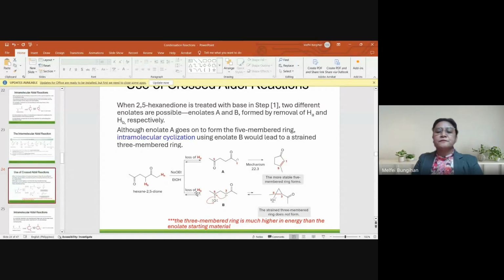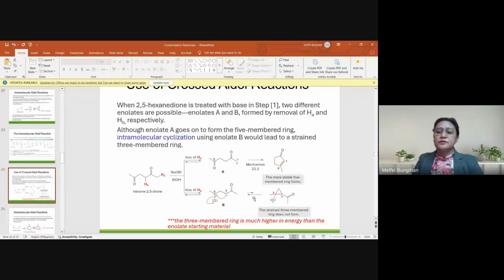If abstraction by the base removes your HB, you will form an enolate B, and that one will attack the carbonyl on the other side and form a three-membered ring, which, if you compare the first product and the second product, is very much strained.